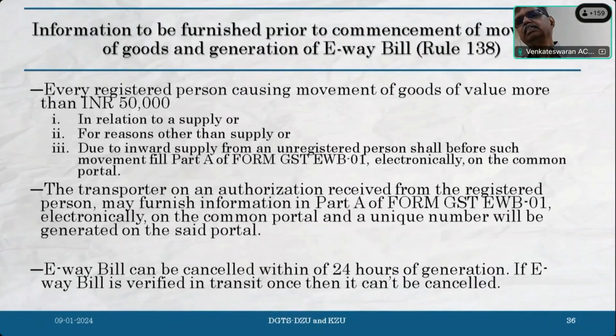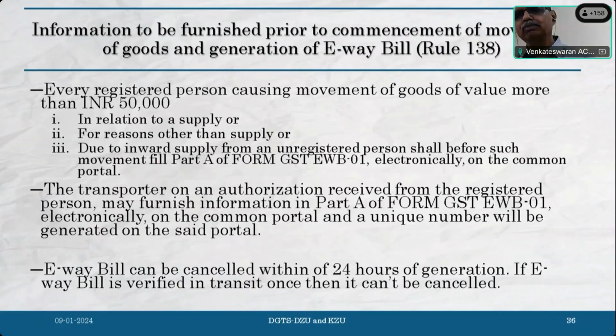So we said causing the movement. Please understand, the registered person is causing the movement. If you are not doing that, recently the audit and scrutiny have found, and also the blockchain technology recently developed by IIT Hyderabad, which is shared with other formations, found the variation in e-way bill requirement for inward and outward supply is at an enormous, alarming ratio.